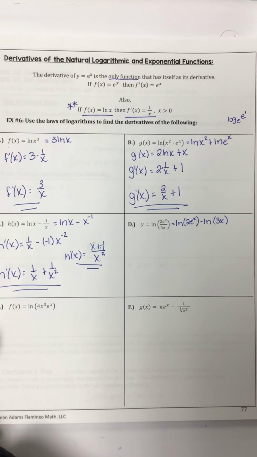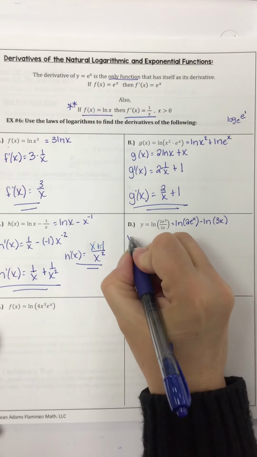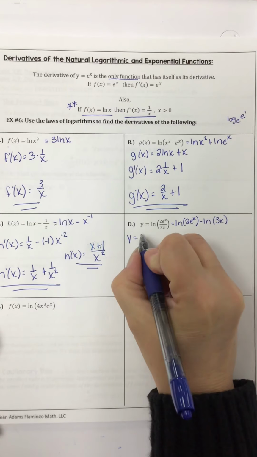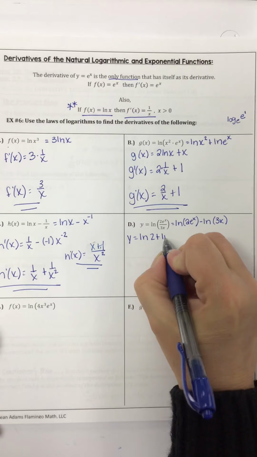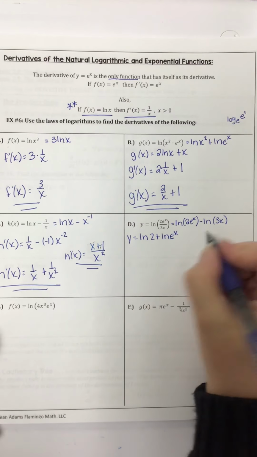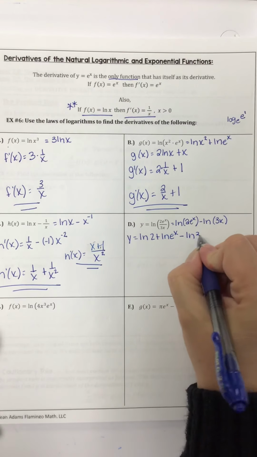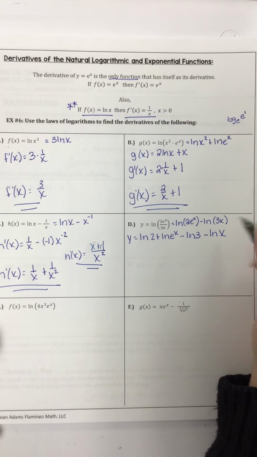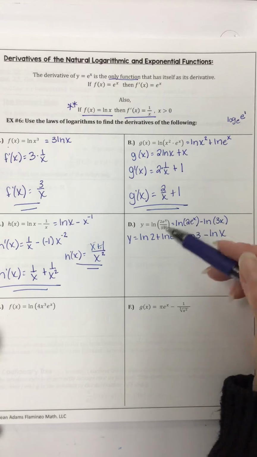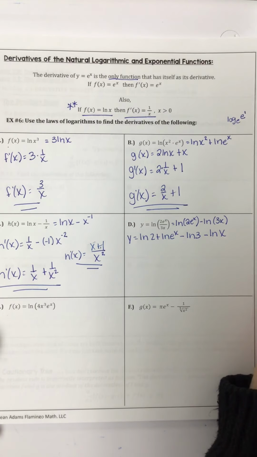But then those are multiplied, so I can separate them still, can't I? So then here, when I separate those, I would have ln of 2 plus ln of e to the x minus ln of 3, and I would subtract ln of x, since that was both being divided, right?